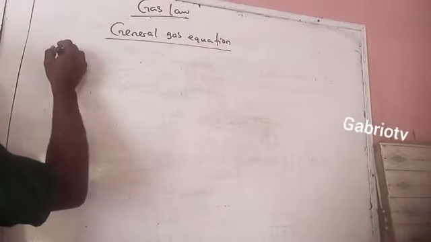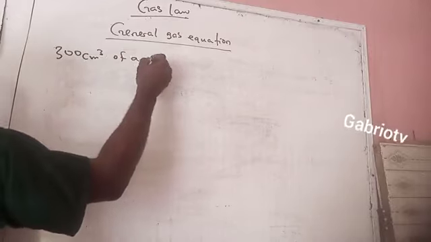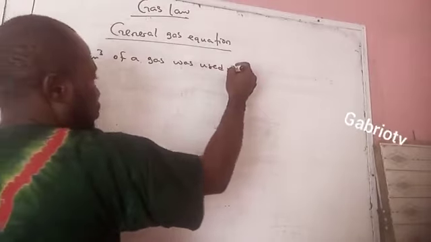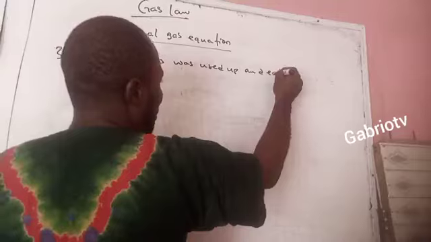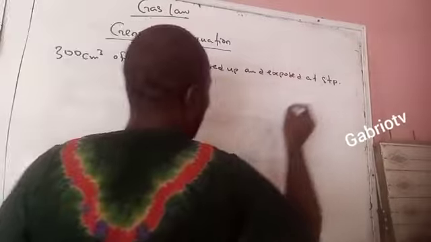So let's say 300 cm3 of a gas was used up and exposed at STP.